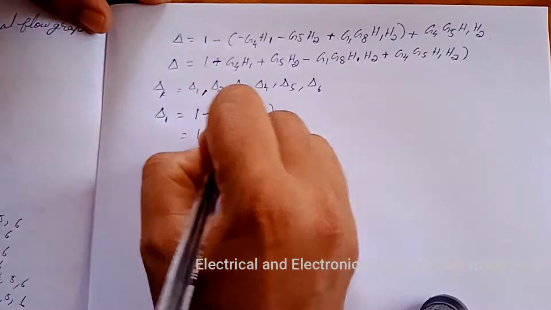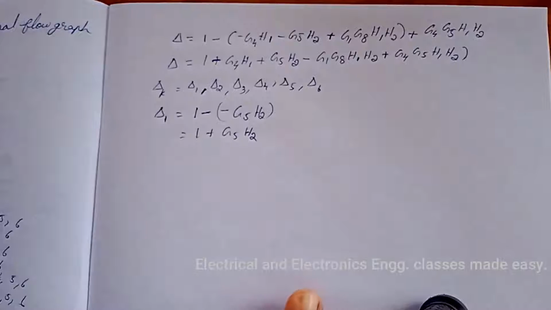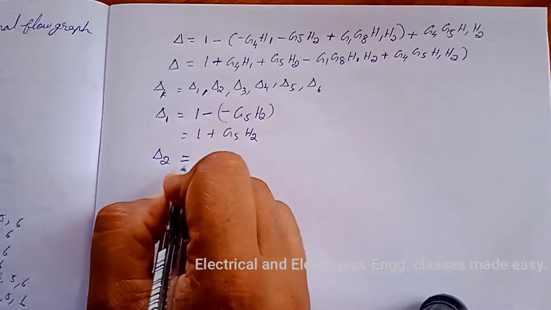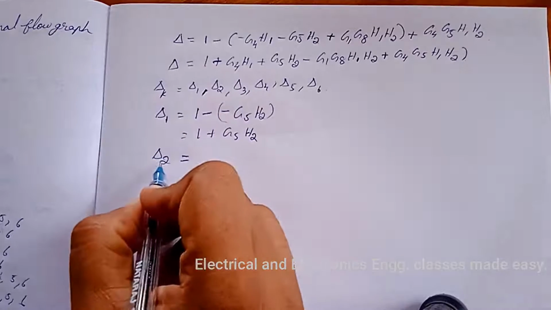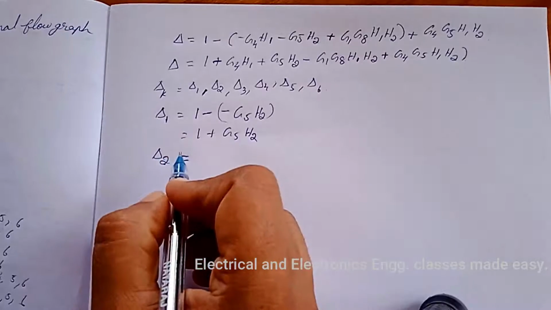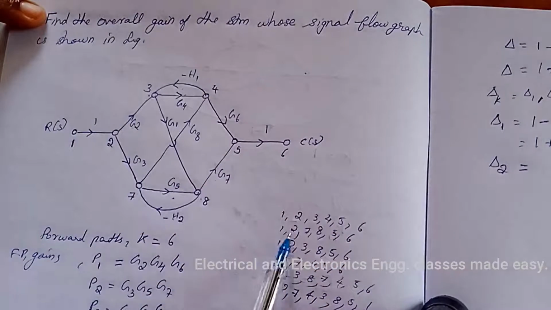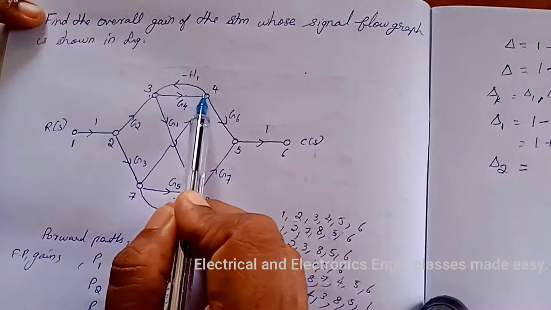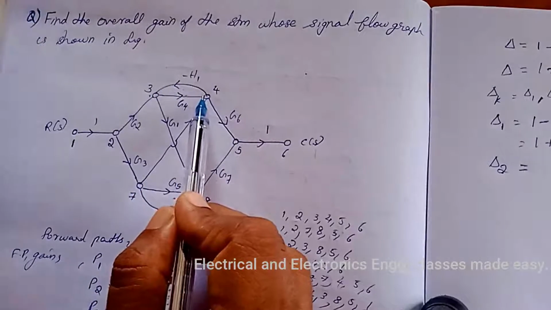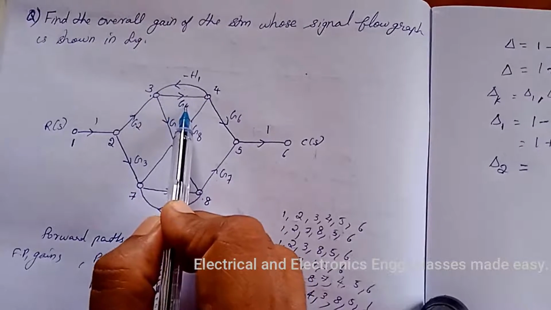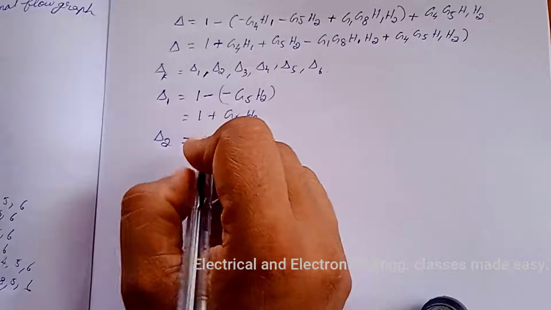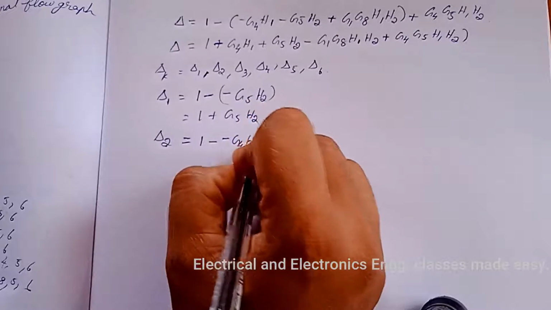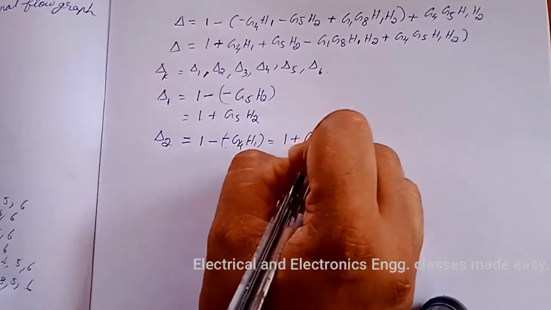So we get 1 plus G5 H2. Next is delta 2. Delta 2 is delta for that part of the graph which is not touching the second forward path. The second forward path is 1, 2, 7, 8, 5, 6, and 1 minus sum of individual loops means this is the individual loop. So 1 minus G4 H1, and that is equal to 1 plus G4 H1.